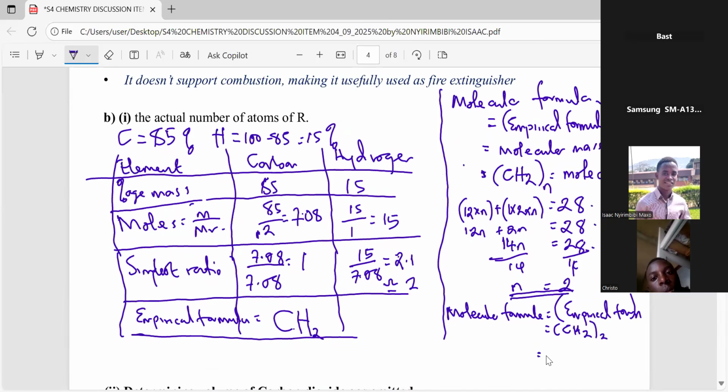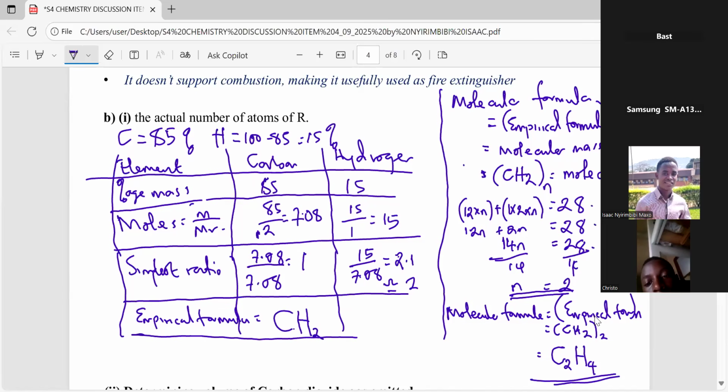So the answer becomes C2H4. The 2 multiplies with the 2 to get a 4, and 2 times 1 gives you 2.